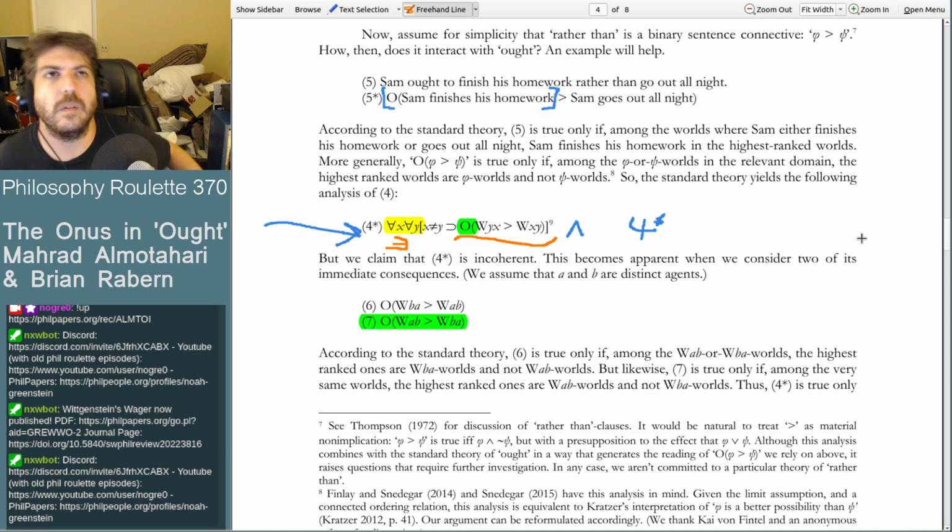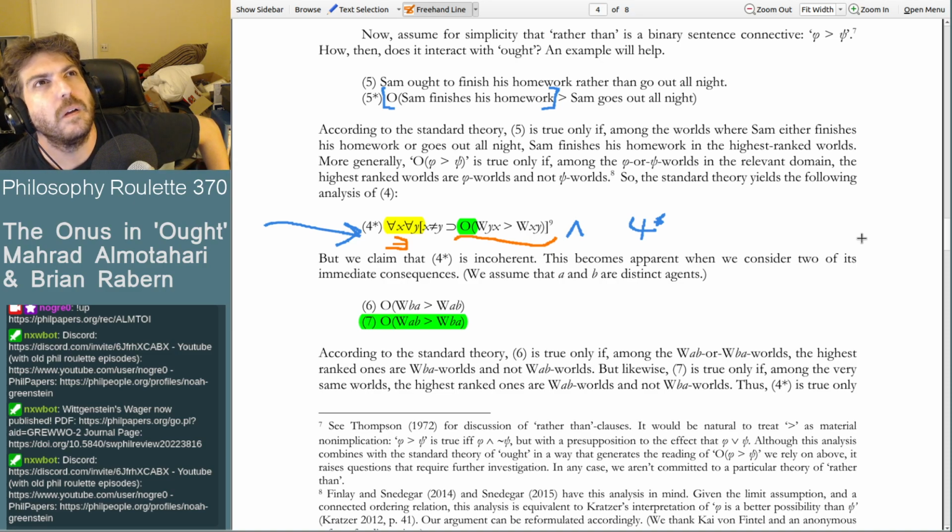So the question is, is this a question of obligation or a question of logic? And the author's just not employing the right thing.